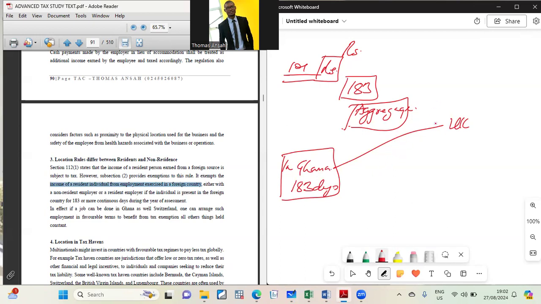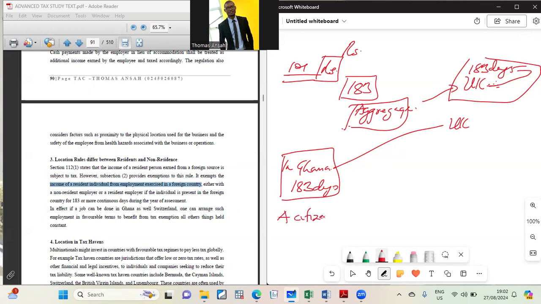So if I am taken to UK for a period of, let's say, more than 183 days, and I work in UK, working for a foreign person, or maybe a Ghanaian that employed me in UK, I may still be resident in Ghana, because one of the definitions of resident in Ghana is a citizen, other than one who has a permanent home outside Ghana and has lived in that permanent home for the whole year of assessment.